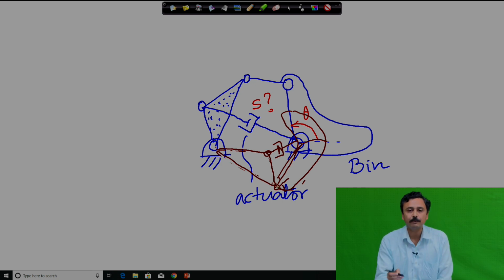This will be the other solution. Now, this solution we never would use, but mathematically this is a correct solution.